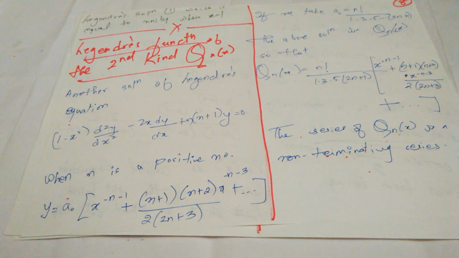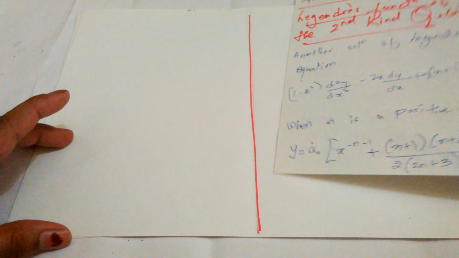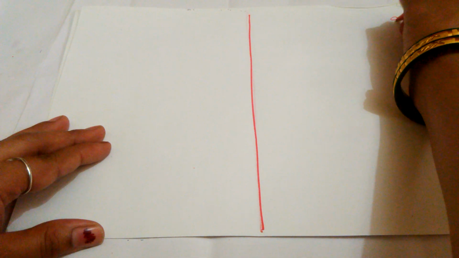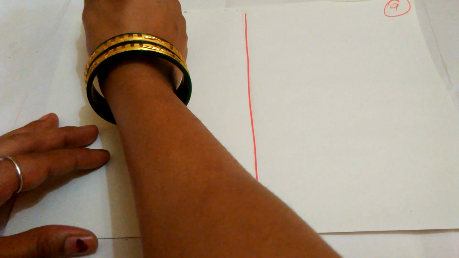Now the general solution of the Legendre's equation is, so this is my page number 8. We'll just write the solution, we are not going to give the proof for this.